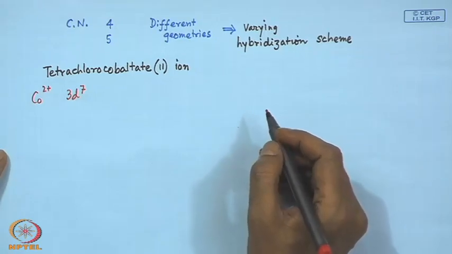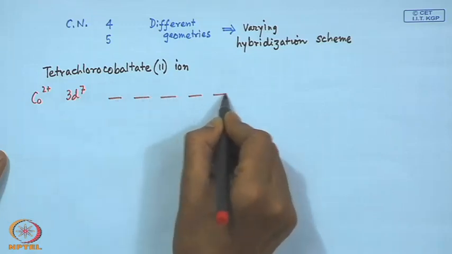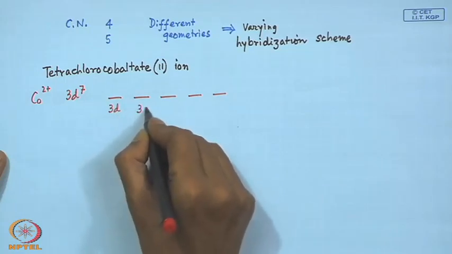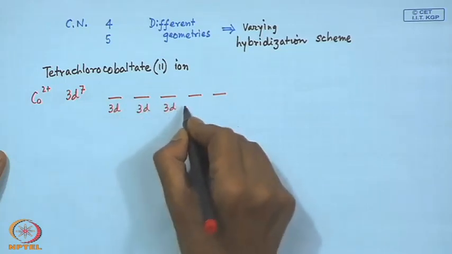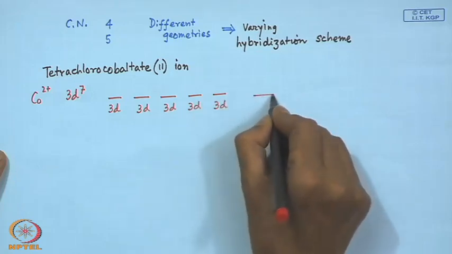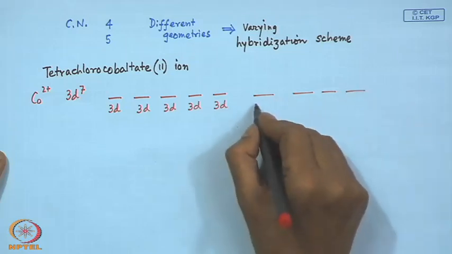So, 5 d orbitals are available to accommodate the 7 electrons. So, these are 3d, then 4s and 4p.